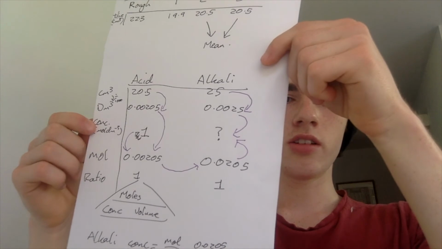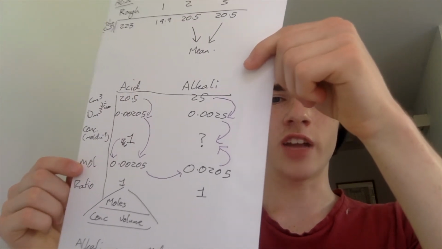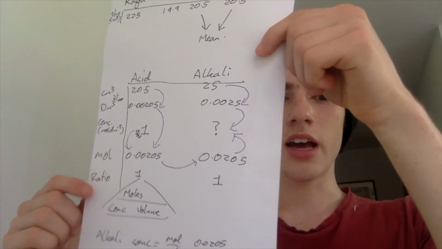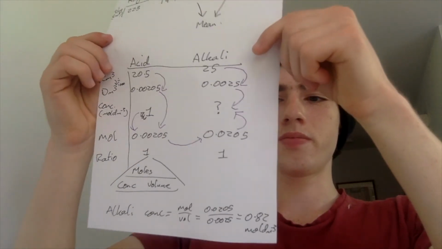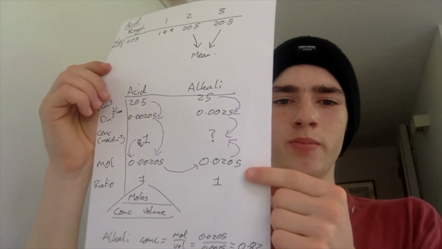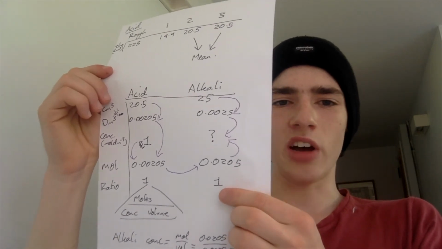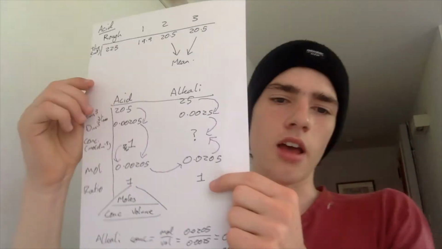Then use the concentration of the acid to find out the moles of the acid that reacted with the alkali to neutralise the solution. And from that, you can use the same number depending on the ratio. If there was 2 alkalis to 1 acid, then you'd have 2.